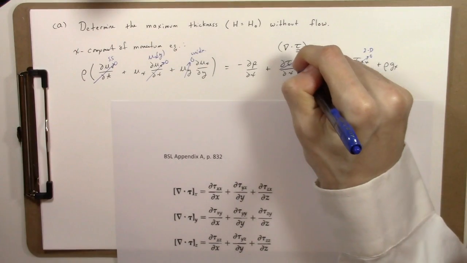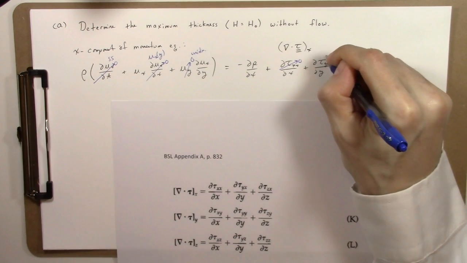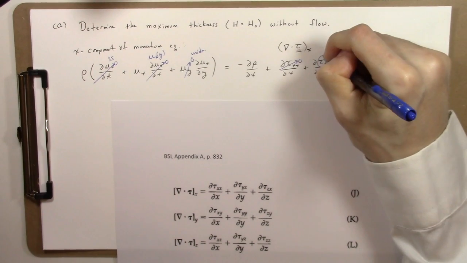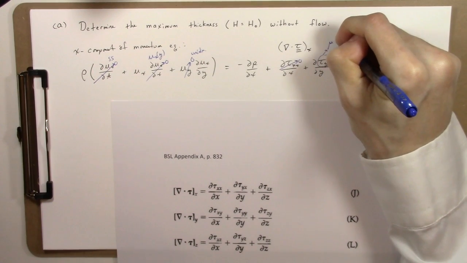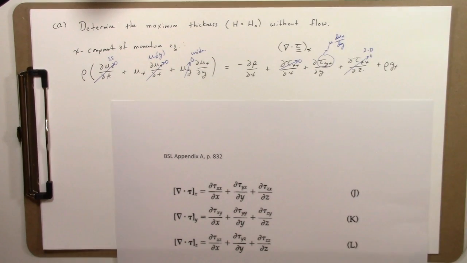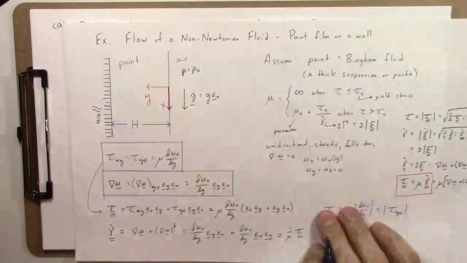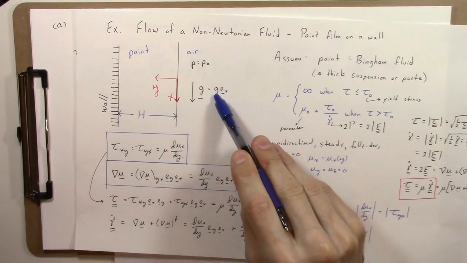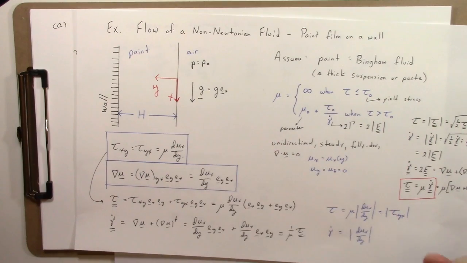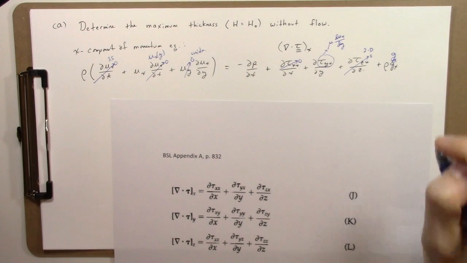So tau xx is equal to 0. This term is non-zero. Tau yx, we've already seen, is equal to mu dux dy. And then gx: x points in the direction of gravity. Gravity is g times ex, so the x component of it is simply g. So we get rho g.